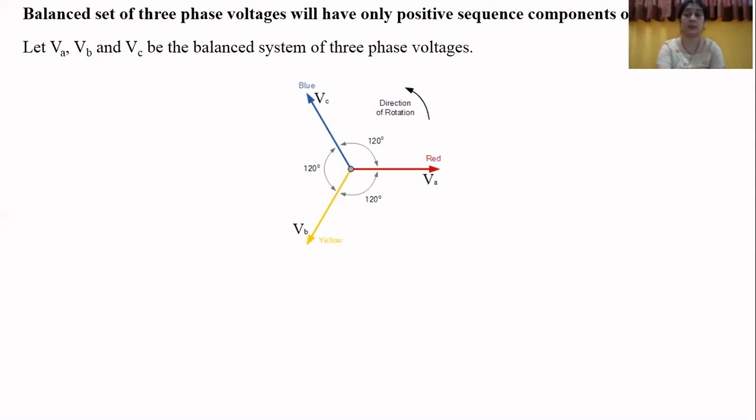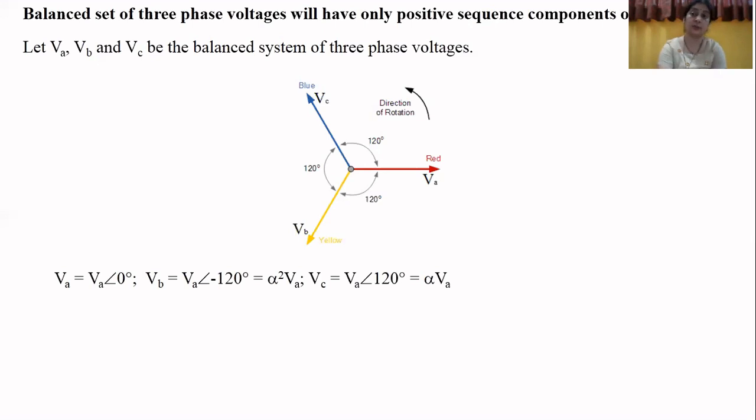They are all equal in magnitude and are displaced by 120 degrees with respect to one another. Therefore, VA is VA at an angle 0, VB is VA at an angle of minus 120, which is nothing but VA at an angle of plus 240, which is alpha square VA. VC is VA at an angle of 120, which is alpha VA.